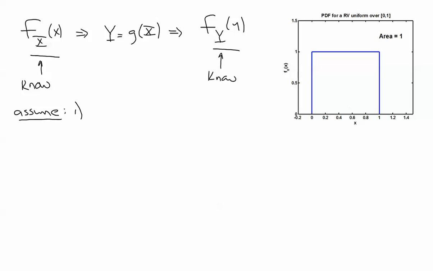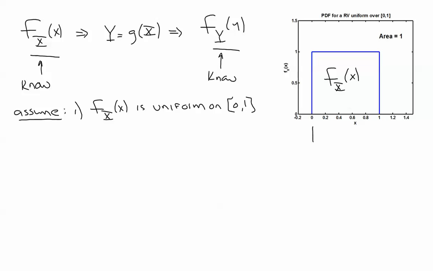One, we're going to assume always for this discussion that my probability density function for x is uniform on 0 to 1. It's going to be over here. This is the probability density function that we are always going to assume for this discussion.